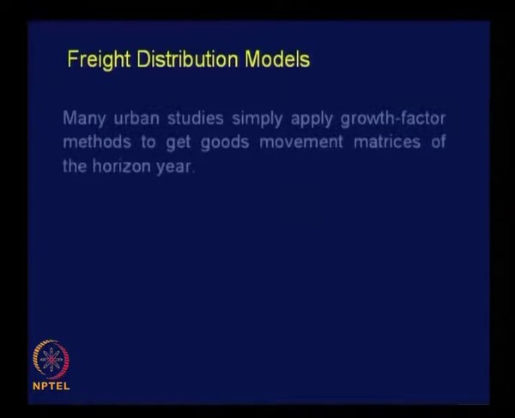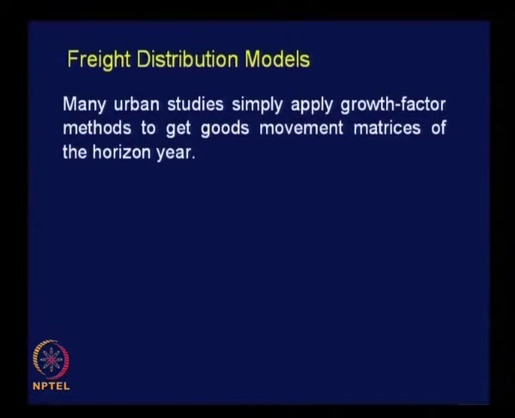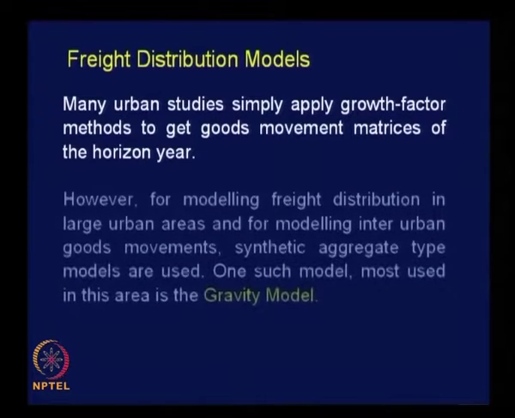Similar approach is used here also. Of course, many urban studies simply apply growth factor methods to get goods movement matrices of the horizon year. That is one approach about which we also know. We can do trip distribution simply by growth factor methods, but to be more precise, particularly in the case of large urban areas and intercity situations, it is better to use some synthetic model like gravity model.